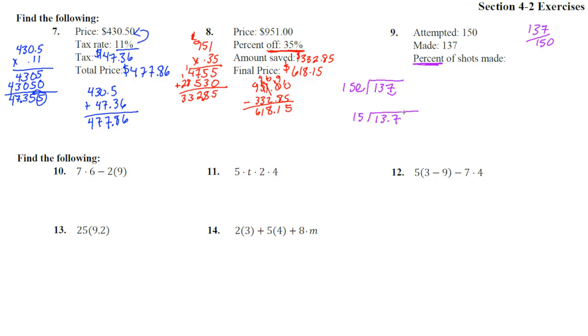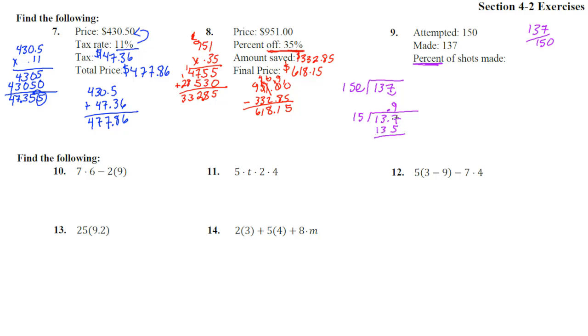All right, let's get maybe a decimal place or 2 beyond this. 15 goes into 13, no. Put a decimal place. 15 goes into 137. Wow, I think that's like 9 times. Let's try it. 9 times 5 is 5. We'll carry a 4. 9 times 1 plus 4 is 13. Yep, it's right there close.